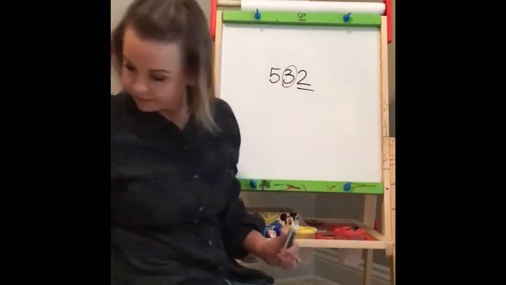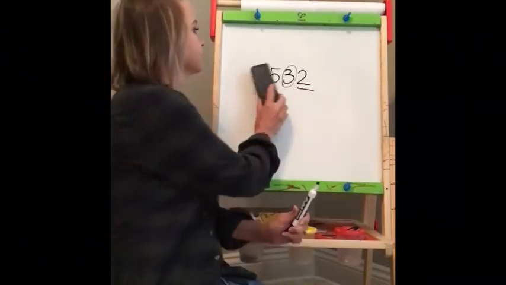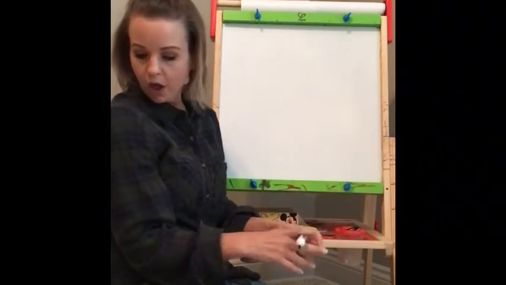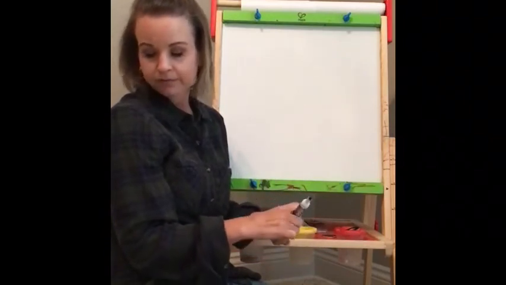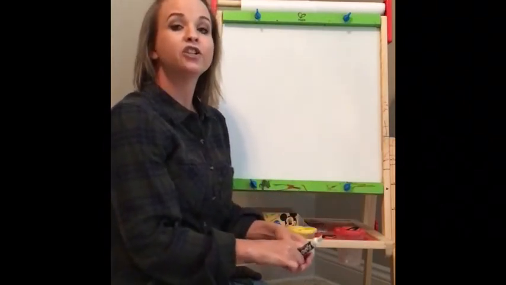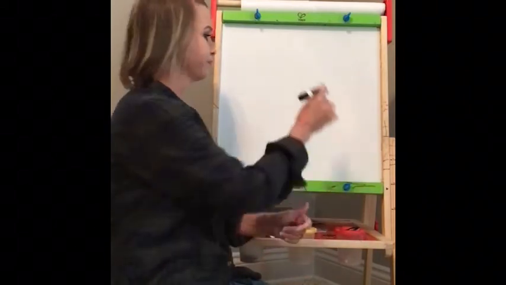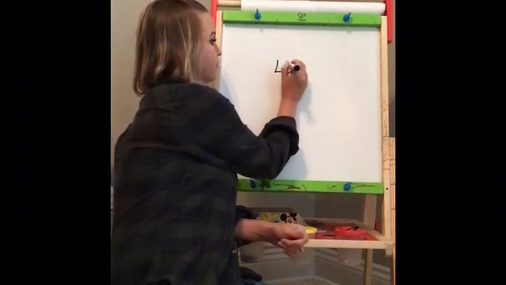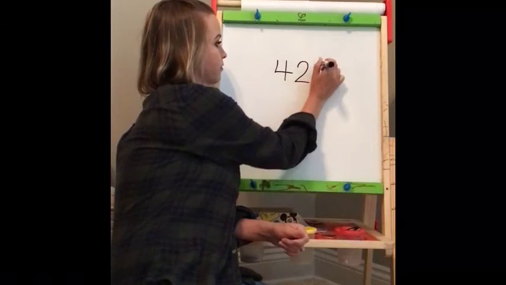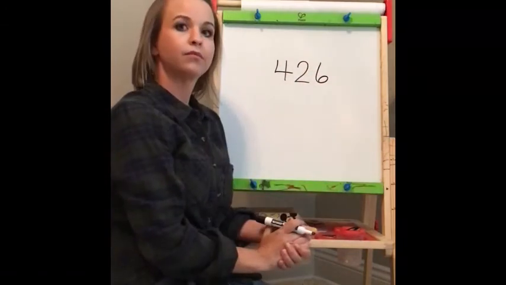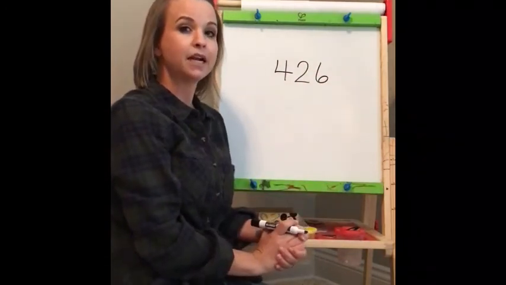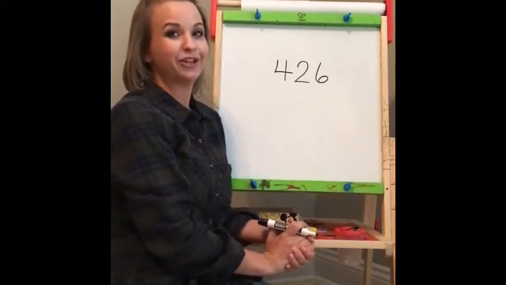I'm going to give you another one. Write down the number 426. Now, I'm going to mix it up so you can't guess what I'm going to have you do.